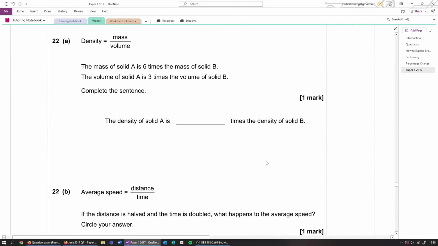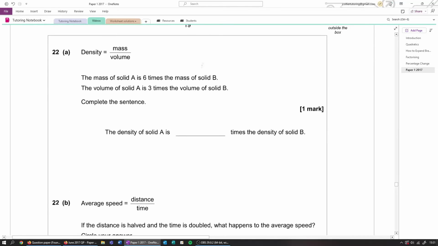Density is equal to the mass divided by the volume. So the mass of solid A is 6 times the mass of solid B, and the volume of solid A is 3 times the volume of solid B. Complete the sentence: the density of solid A is something times the density of solid B. So let's just do the calculation.